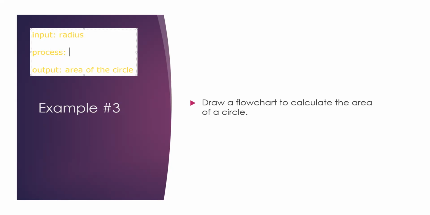By multiplication. By multiplication of what? Radius and pi. Area equals pi r squared, not 2 pi r.